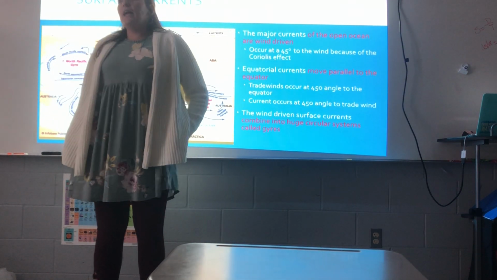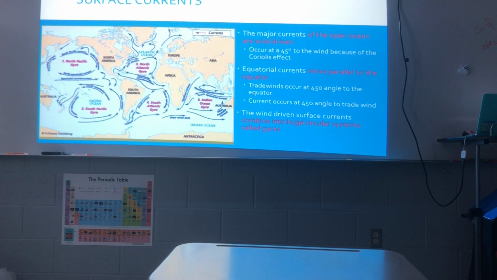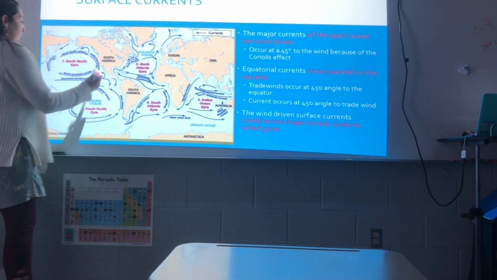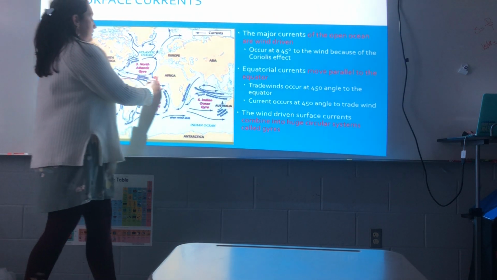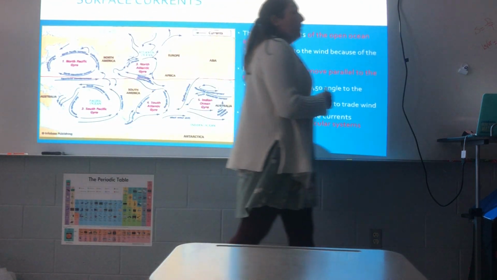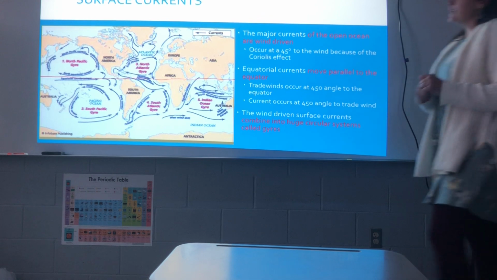Basically, if all the angles confuse you, know that the currents travel parallel to the equator. So this, don't judge my drawing, I'm eyeballing it. That's the equator, roughly. So the wind comes in.